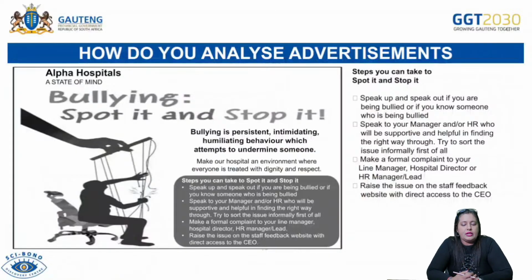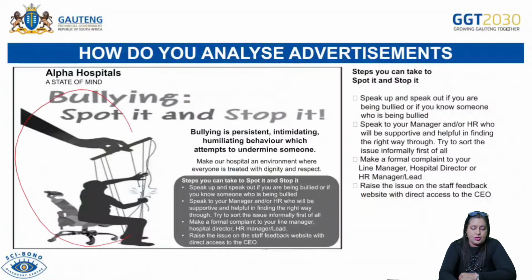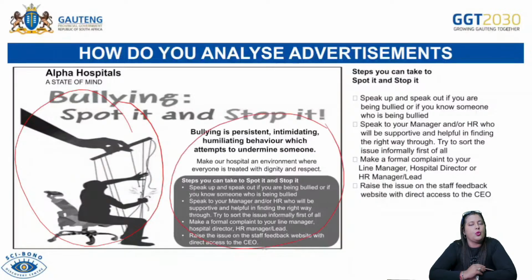Right. So if you're looking at an advert, for example, like this one, Alpha Hospital, the state of mind, bullying, spot it and stop it. And then here's your text. All right, the words there, and here's the image. So image versus the words. Now, in your paper, grade 12s, you would see that it's showcased to you as the advert, yes.